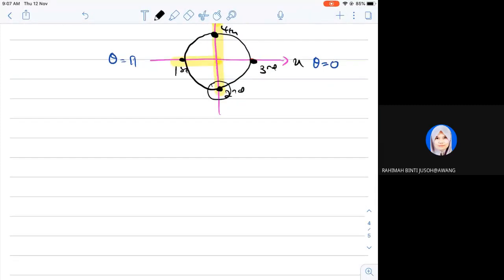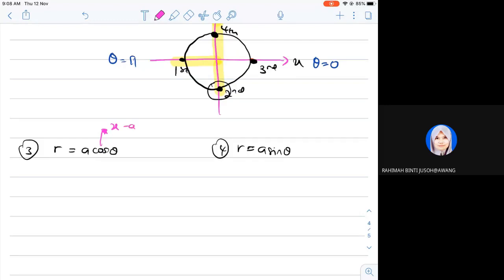So next, number 3. For example, let's say r equals to a cos theta, and then number 4, r equals to a sin theta. Okay, so as I mentioned earlier, for cos, it must be always related to x-axis.